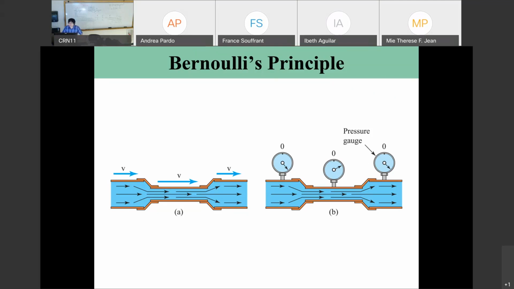Bernoulli's principle is far more complex because you do have pressure difference due to heights, but you also have pressure difference due to the speed. There is a term that we use in fluids, which is called the caudal. The caudal, in Spanish caudal, is the way we measure the flow of a river. It is the volume divided by time.